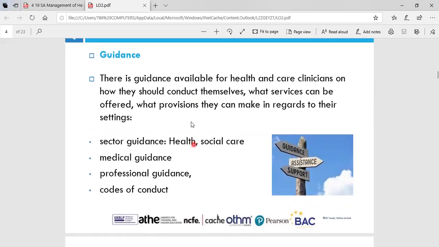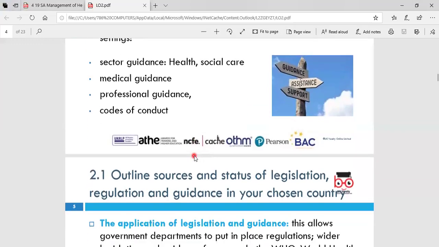There's sector guidance, medical guidance, professional guidance, and codes of conduct. If you adhere to these guidelines, it's always best practice. But for that, you first and foremost need to know what's available so that you know whether you're adhering to best practices or not.